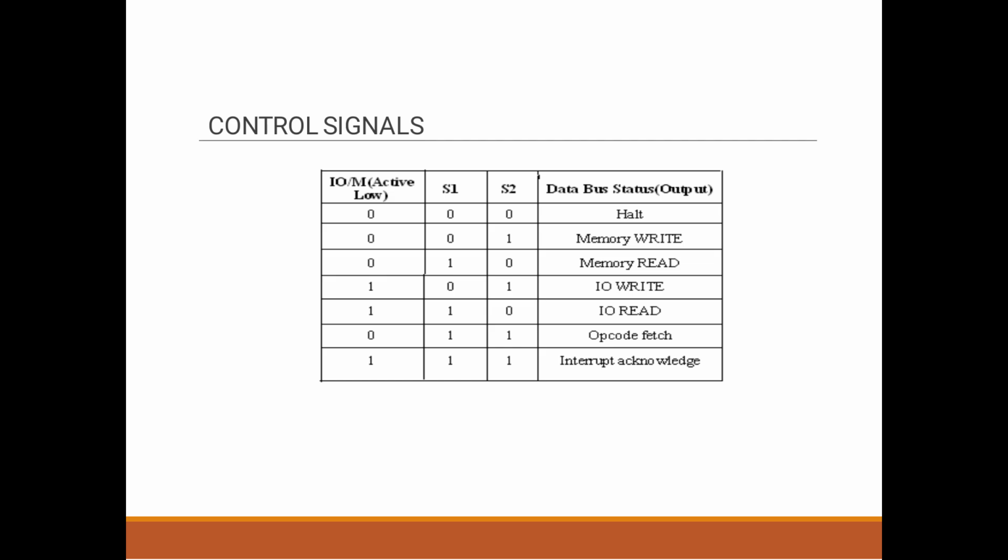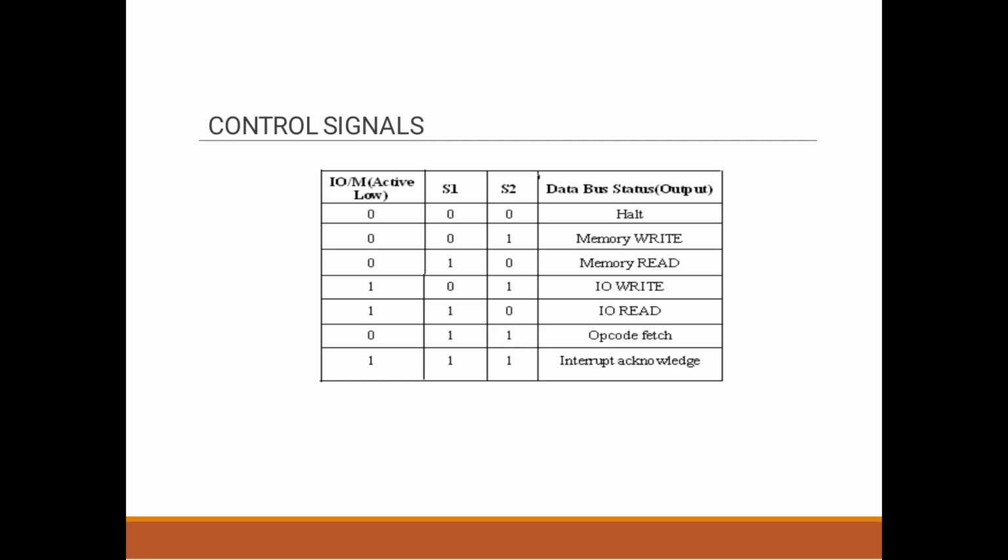Control signals. IO/M bar, which is an active low signal, then S1, S2 status signals, and the data bus status, that is output. If IO/M bar, S1 and S0 are all 0, it is in the state of halt. If IO/M bar is 0, S1 is 0 and the S0 bit is 1, it is a memory write operation.